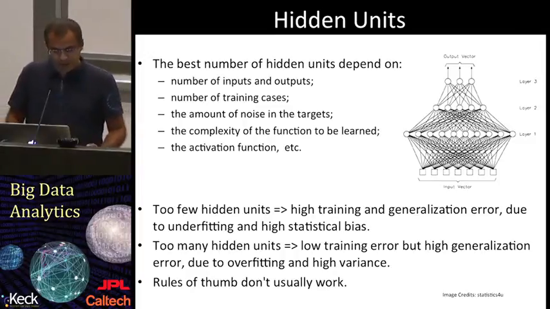For example, too few hidden units can lead to high training and generalization error due to underfitting and high statistical bias. While if we have too many hidden units, we can have a low training error but high generalization error because of overfitting.